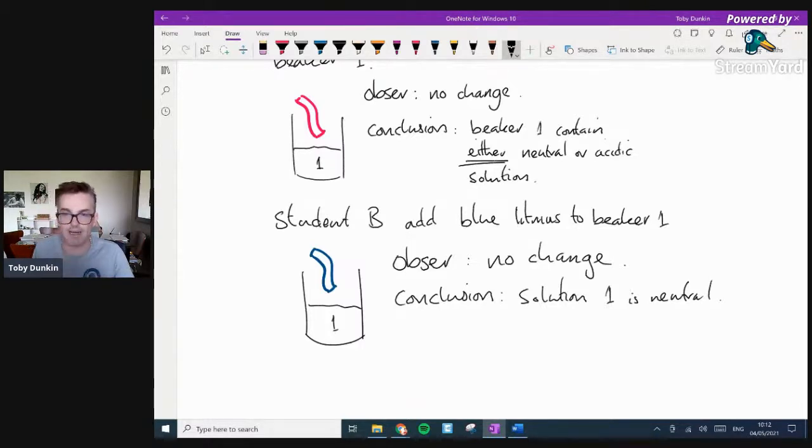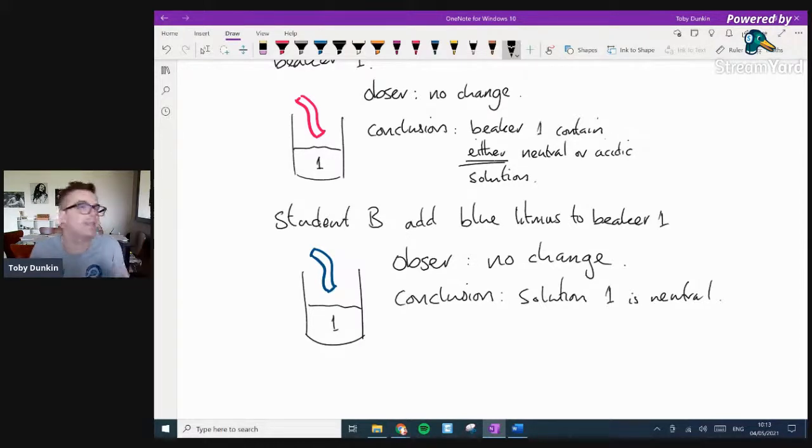What is normally the original color of litmus? There isn't a normal color. The reason being is litmus actually changes from red to blue in the presence of a base. What you teach in year 7 is that there are two types of litmus, red litmus and blue litmus. That's not true.